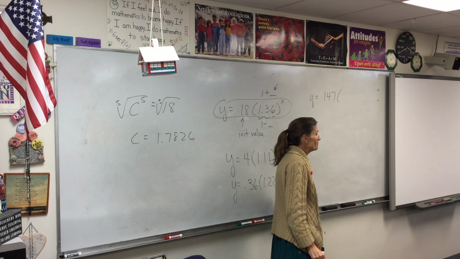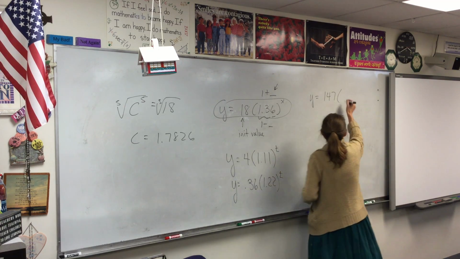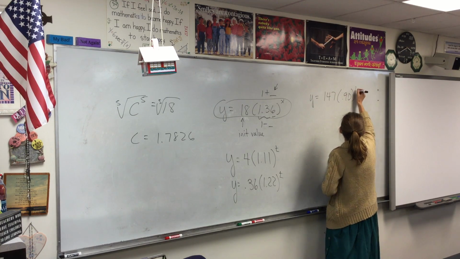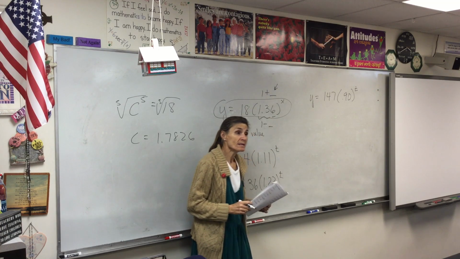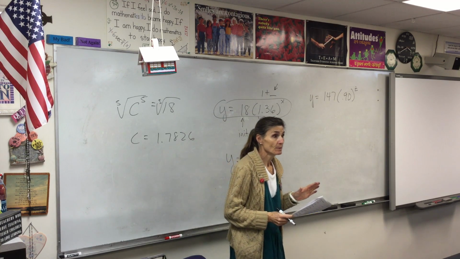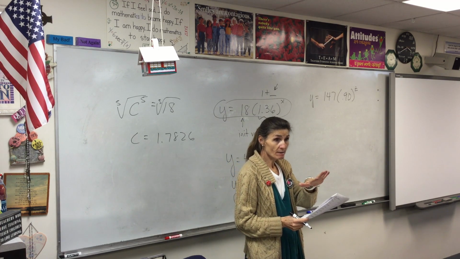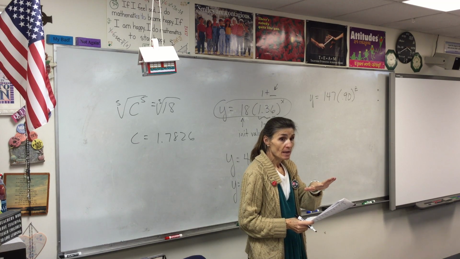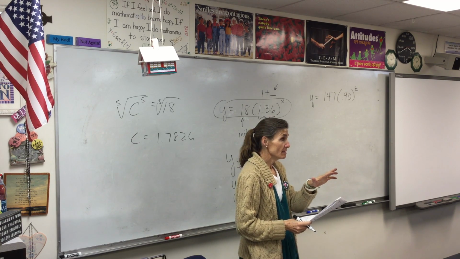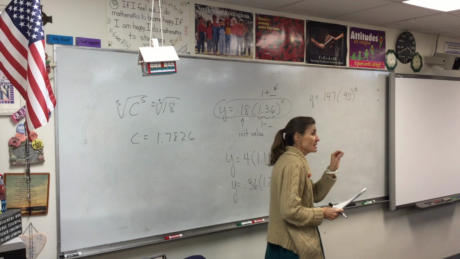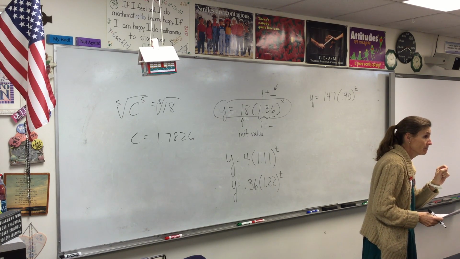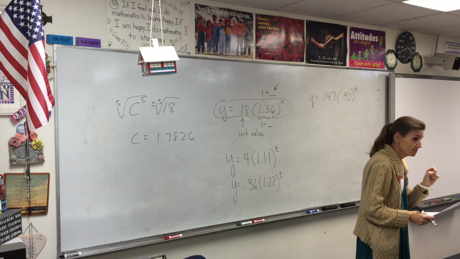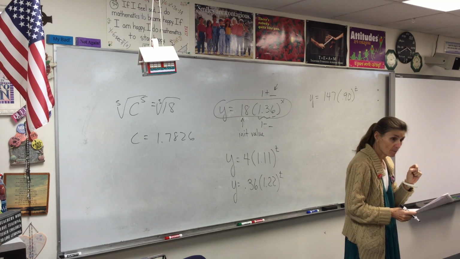Not 0.1. 0.9. Because when you see a 0.9 there, that tells you decay, right? How much decay? 10%. Because how much less than 1 is 0.9? 10%. Remember that from yesterday?